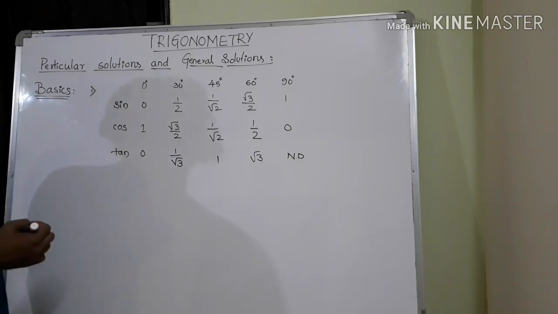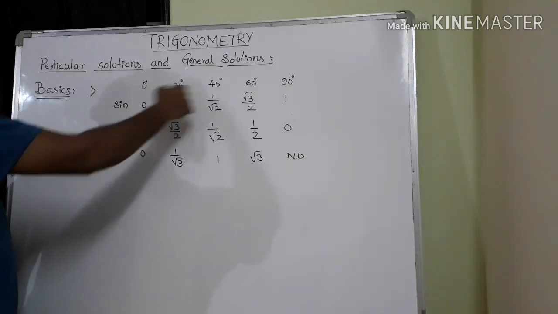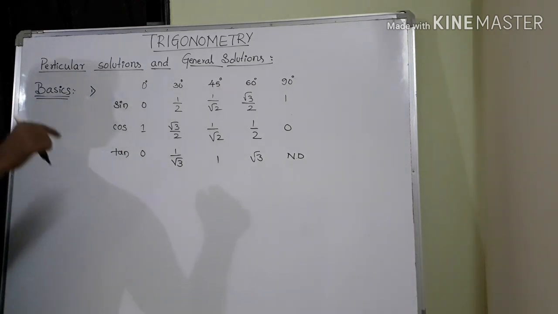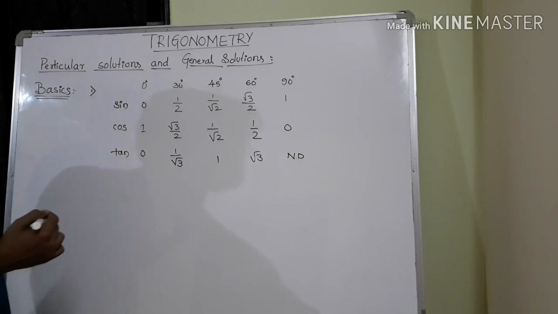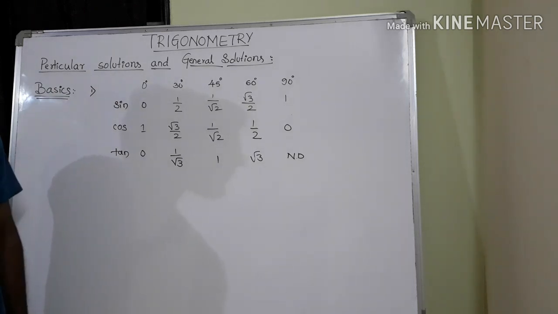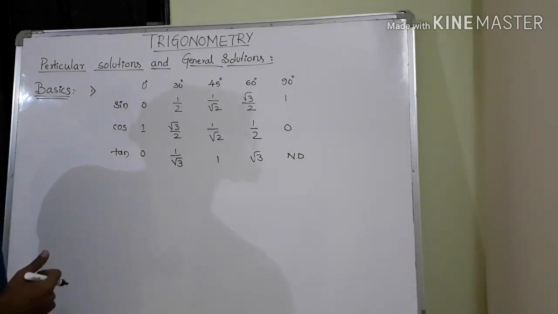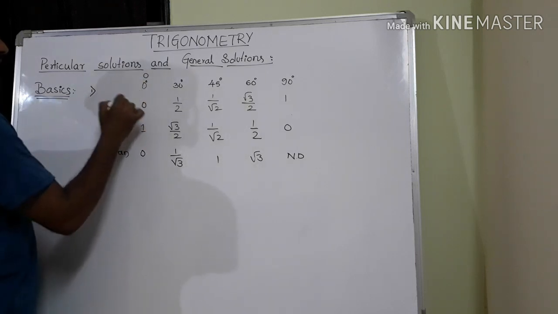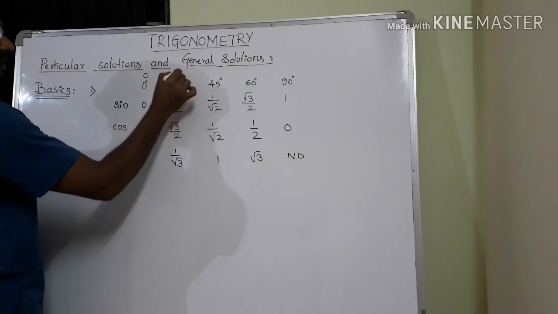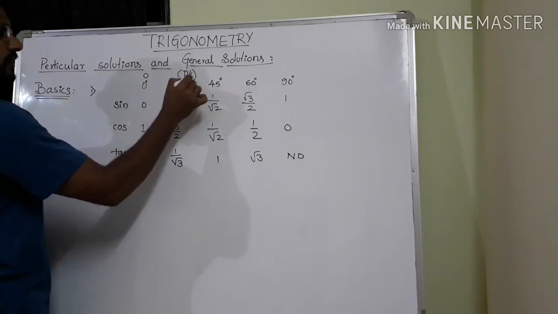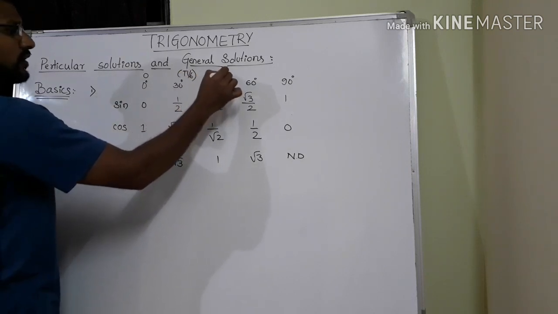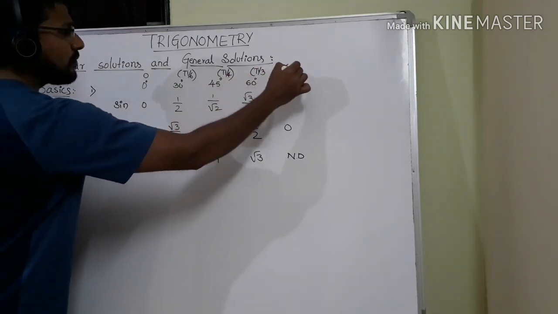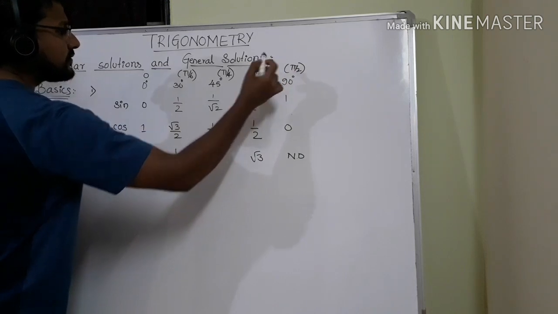One more important thing here: the angles which are in degrees, you should always know in radians also, because most of the time in general solutions and particular solutions, instead of degrees we are going to deal with radians. So as you know, 0 degree is 0 radians, 30 degree is pi by 6, 45 degrees pi by 4, 60 degrees pi by 3 and 90 degrees pi by 2 radians.